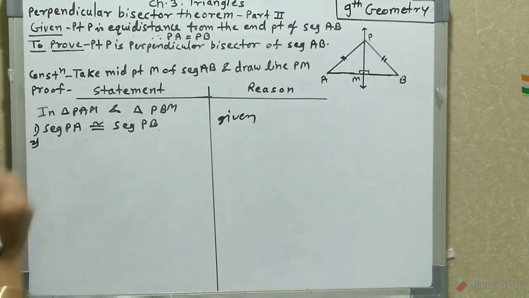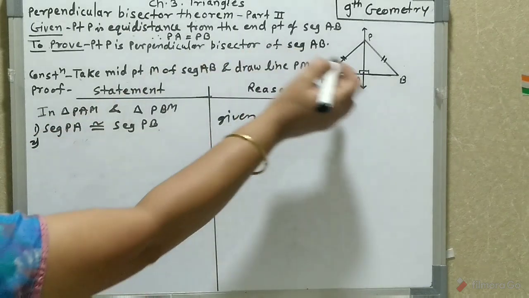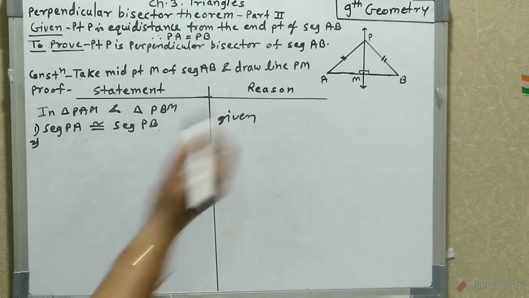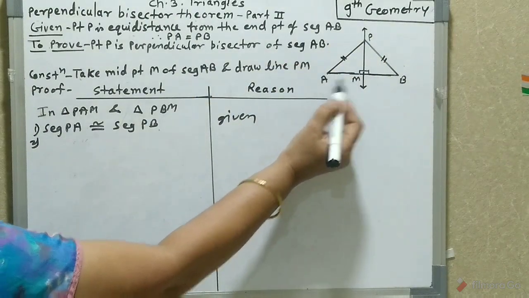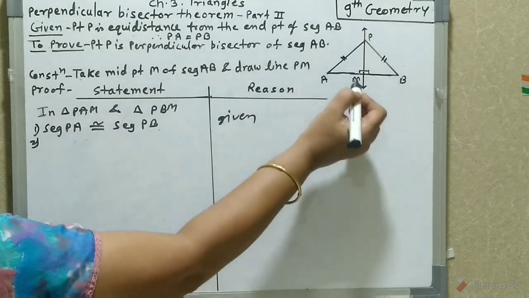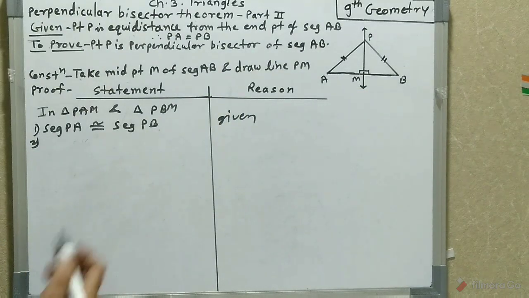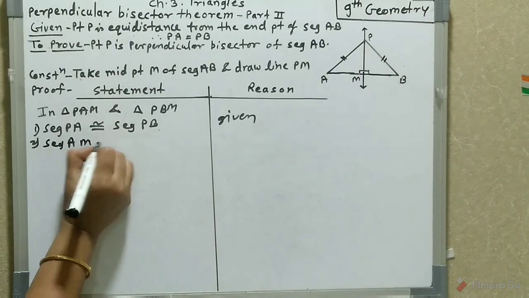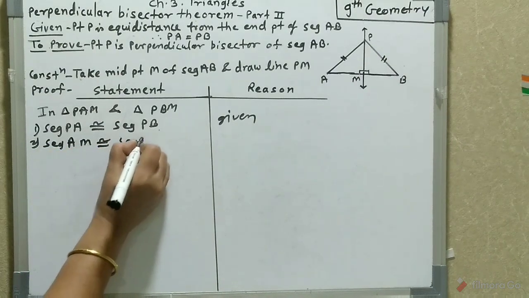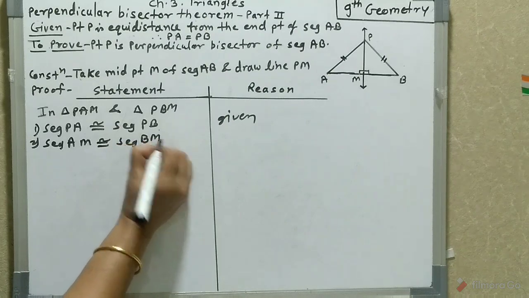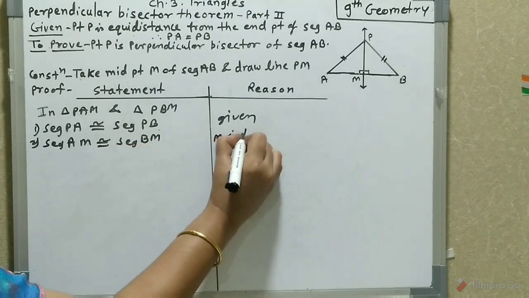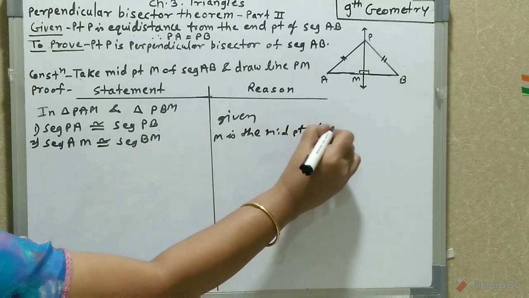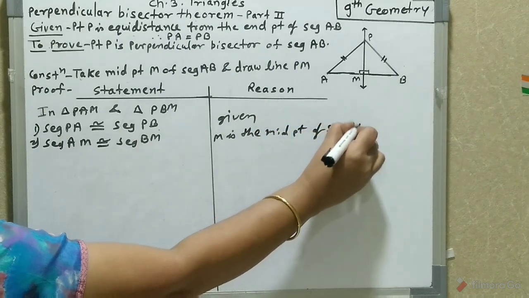Okay. Now what is the next? That is segment PM. This segment PM is a common side. So this is also congruent, and here AM congruent to MB because M is the midpoint. So that is also congruent. Therefore segment AM congruent to segment BM, that is M is the midpoint of segment AB.